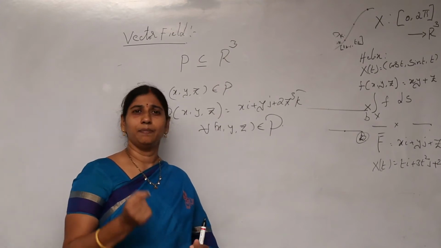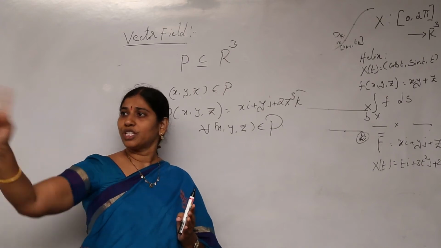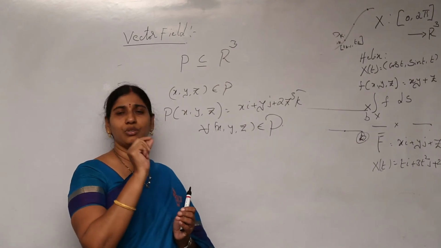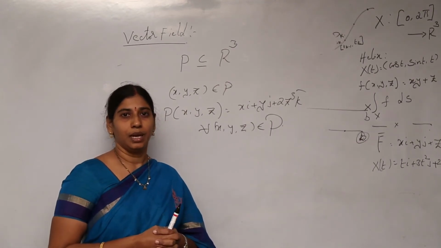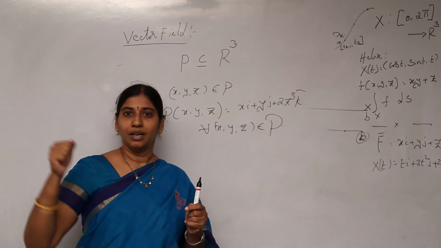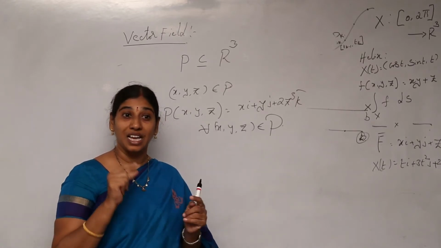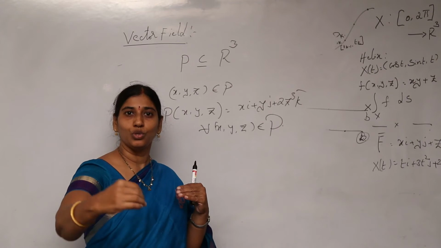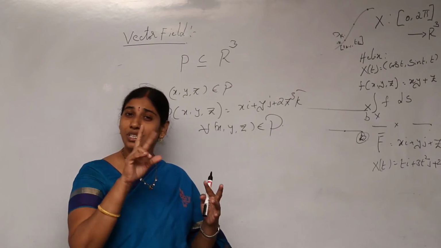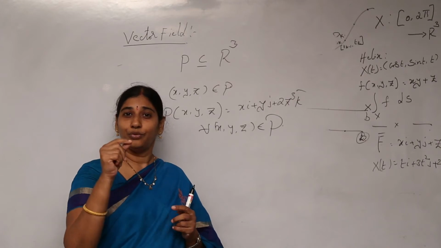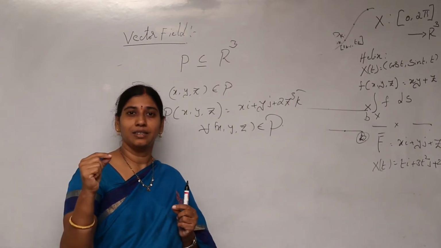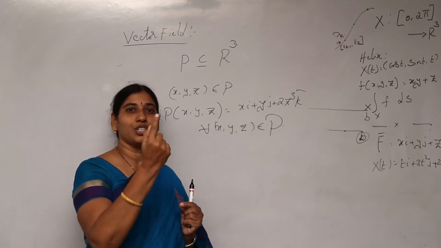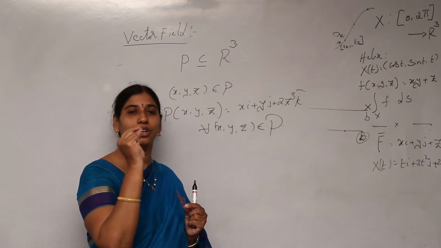Let us see a simple example. Say, if you switch on a light, what will happen? The electricity passes in all directions wherever you lay the electric cable. But if you pour some water, say here, then what will happen? Does the water flow in all directions? No. Wherever there is down, the water flows in the down direction. What is the difference between here and there? The flow of current is a scalar field. It passes in all directions wherever there is an electric cable laid.